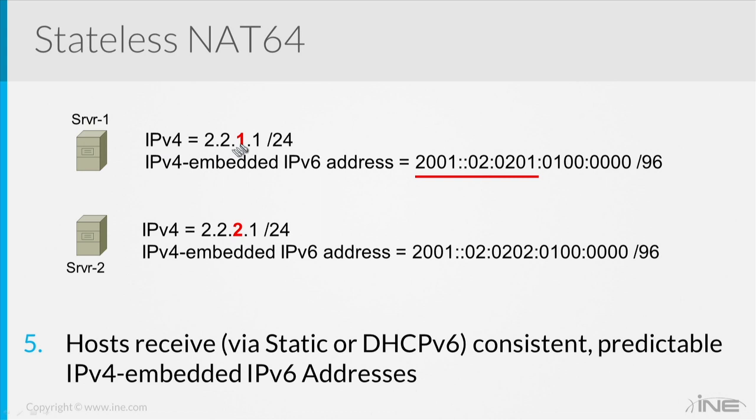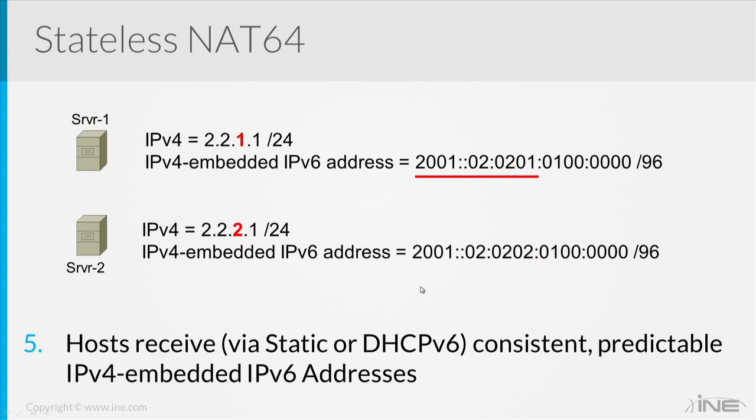But now this server here is 221 something. So that's where I can draw my /96 right there. There is the 3rd byte of his IPv4 address. Here is the 3rd byte of the IPv4 address of server number 2. So that's where I can make my IPv6 prefix as a /96.